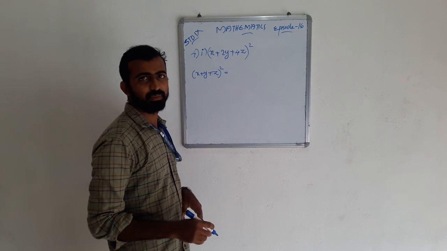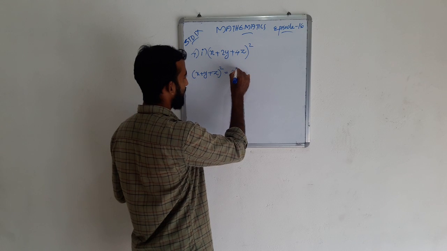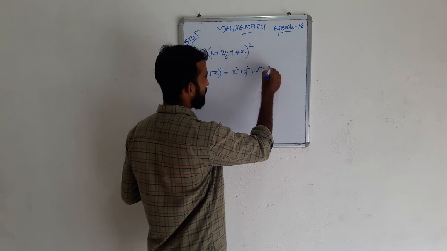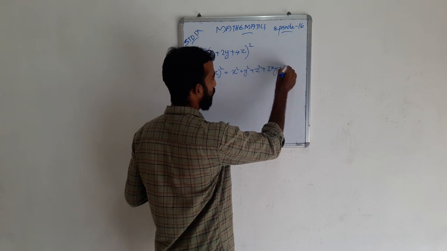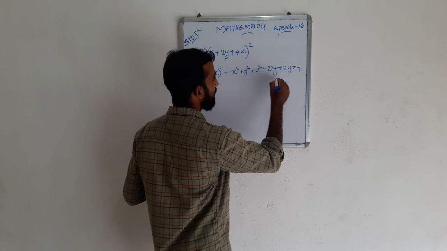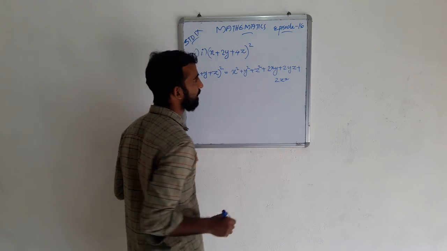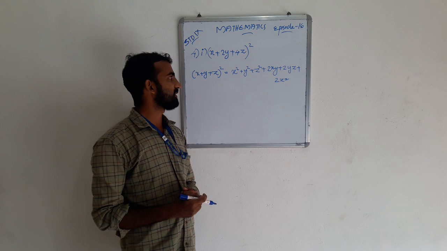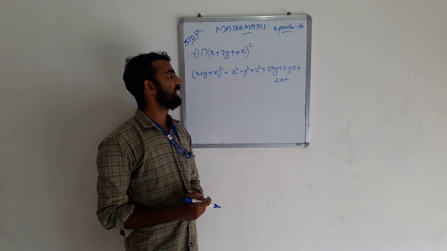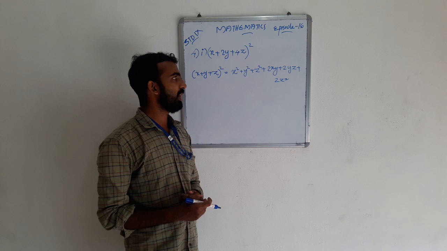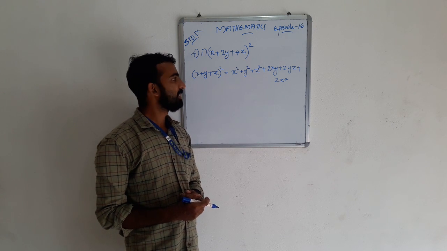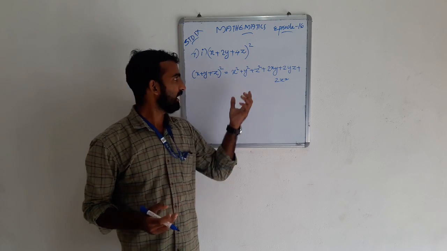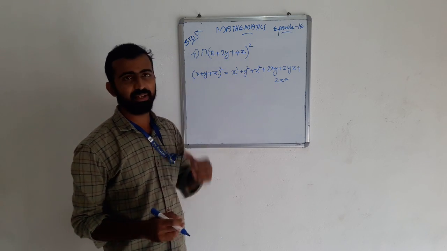The answer is x square plus y square plus z square plus 2xy plus 2yz plus 2zx. Using this identity, we can expand this.